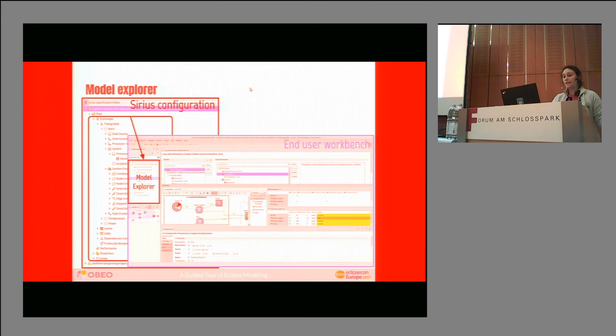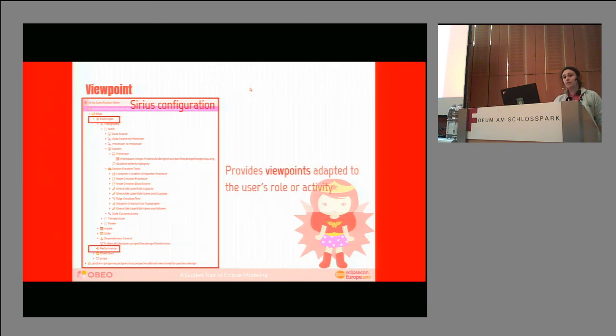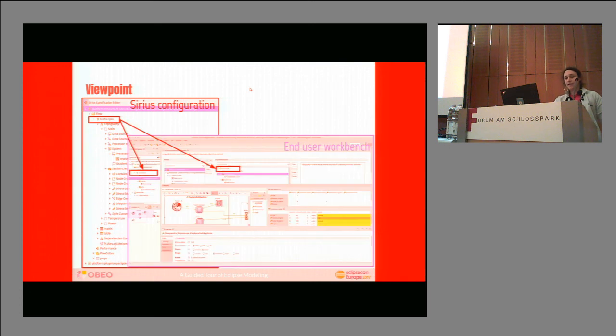Sirius provides, by default, for each workbench a model explorer and a dashboard editor, which allows you to navigate into the model, create new semantic models, and new representations. A graphical designer provides viewpoints adapted to the user's role or activity, and in the end, the viewpoints are visible in the model explorer and from the dashboard.